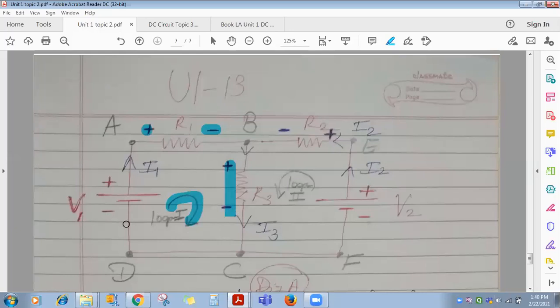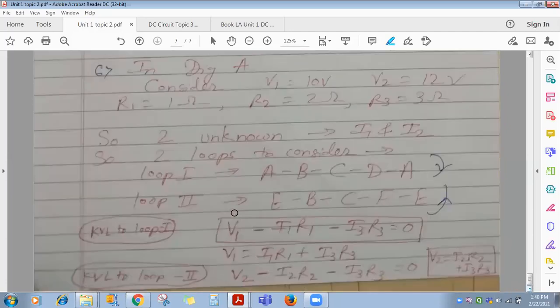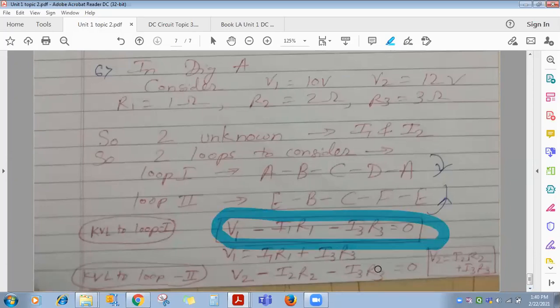And for this, you are moving from lower to higher. That's why plus V1. Minus I1 R1 minus I3 R3 plus V1 is equal to 0. Clear? First equation. Got it, everyone? Yes, ma'am.